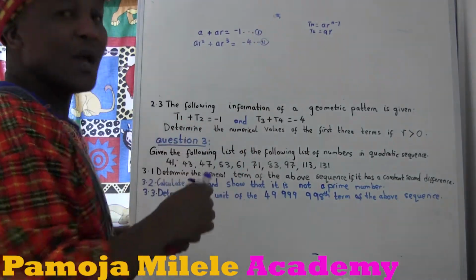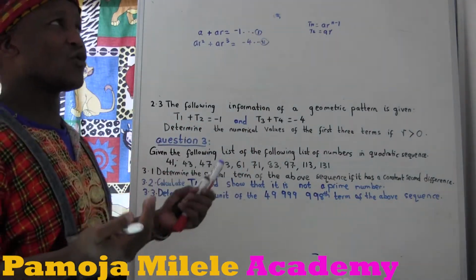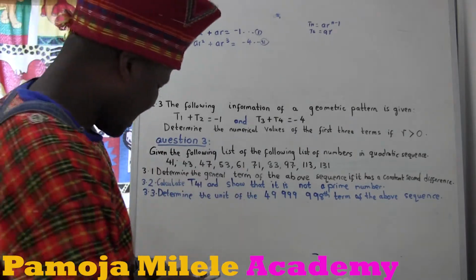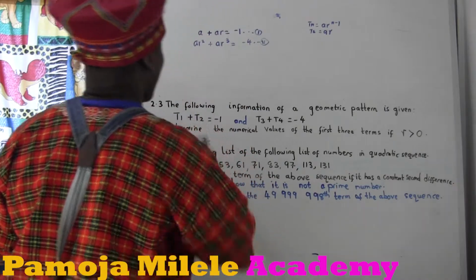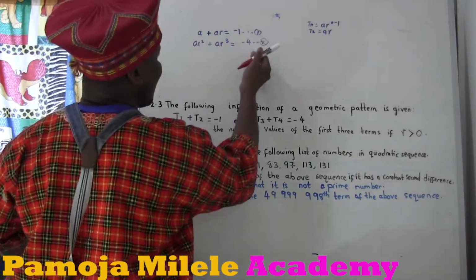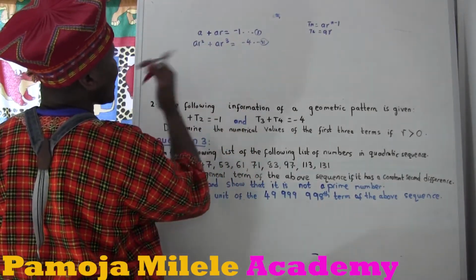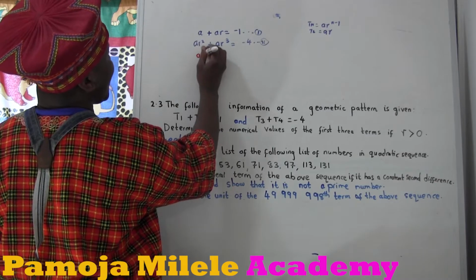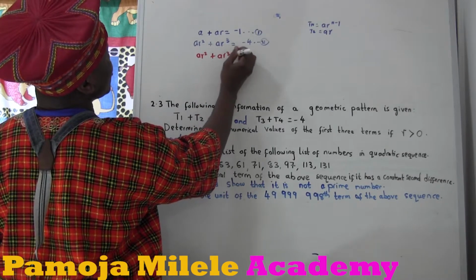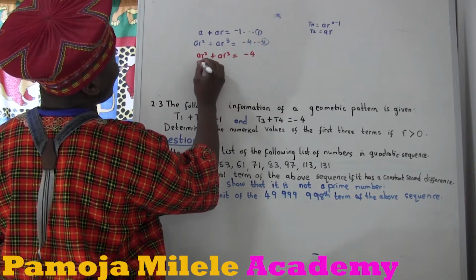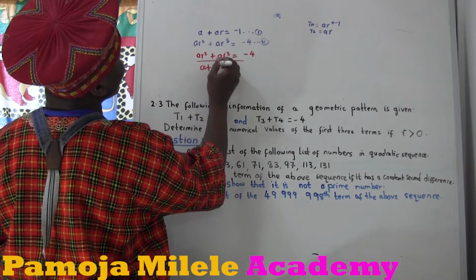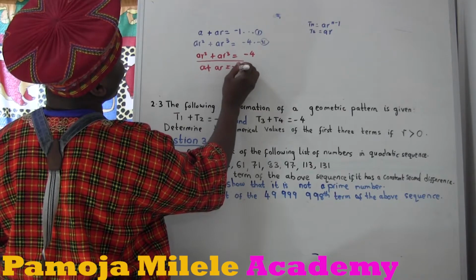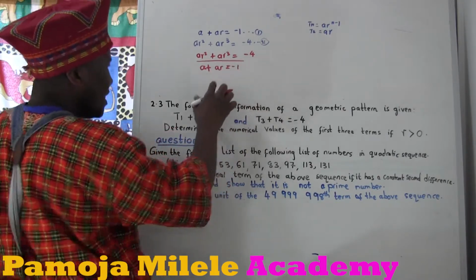Most of the time when they give you two equations in geometric, always divide them. Take one, divide the other one. I always take the bigger number first, so I'll start with this one. a r squared plus a r cubed equal to negative 4, divided by a plus a r equal to negative 1. But first and foremost, let me simplify them.